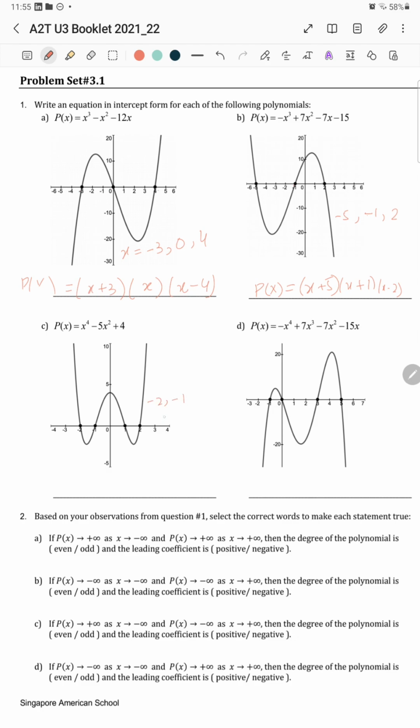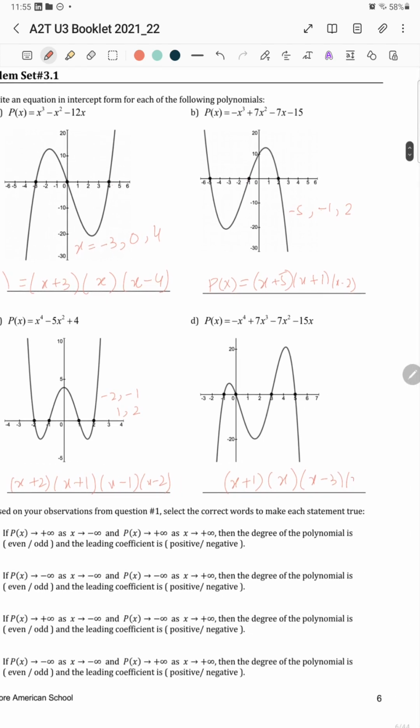Then -2, -1, 1, 2: x plus 2, x plus 1, x minus 1. Here it would be x plus 1, x, x minus 3, x minus 5.